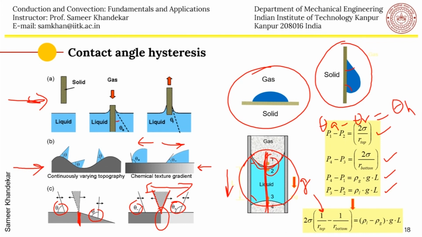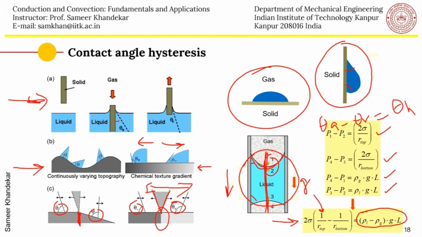This hysteresis plays a role in wetting the cavities, in entrapping the gas inside the cavities, in the way the bubble grows inside a cavity, and therefore the activity of an active nucleation site is affected by this contact angle hysteresis. So this brings us to the end of the lecture.